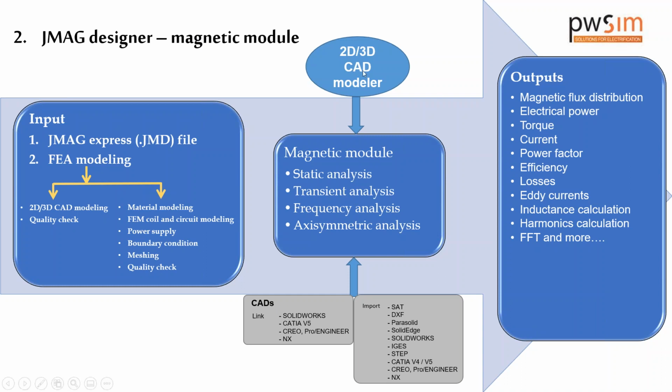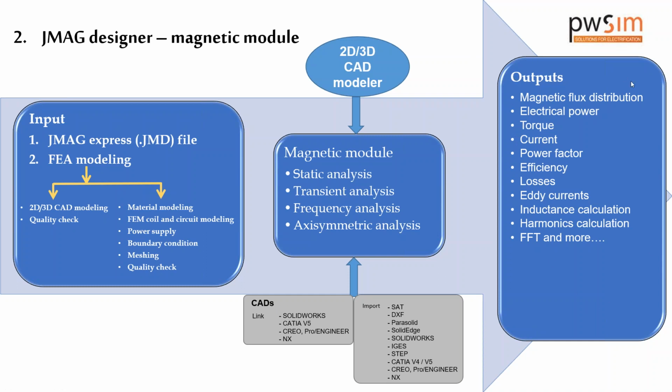And if you can see in JMAG Designer, there are a number of analyses that are possible in JMAG. If it is a 2D analysis, you have these types of analysis available. You can do the static analysis, transient analysis, the frequency analysis, and the axisymmetric analysis. If you perform any of these analyses, these are the outputs.